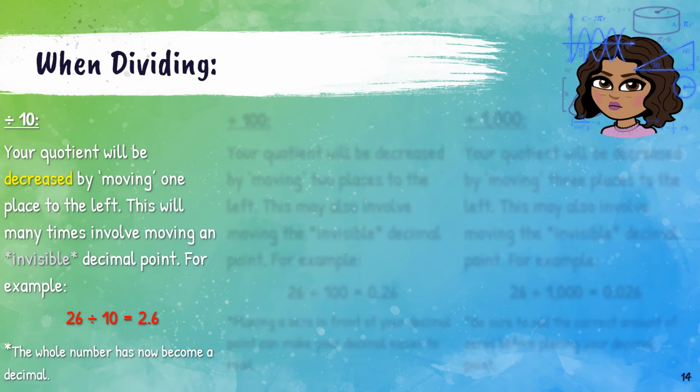The invisible decimal point is always located on the right of every whole number. So technically, 26 has an imaginary point at the end. Now, when we take that imaginary or invisible decimal point and move it one place to the left, because we are dividing by 10, which only has one zero, that is how we ended up with 2.6 as our quotient.